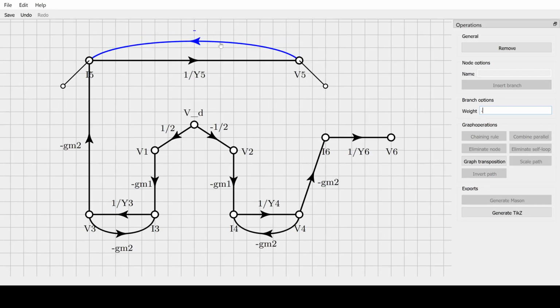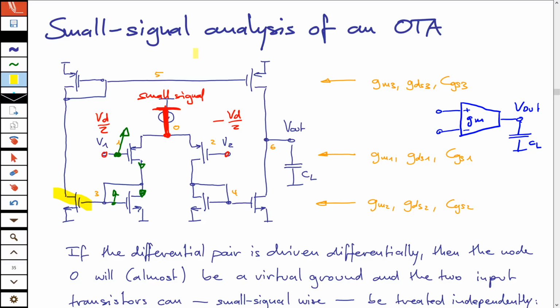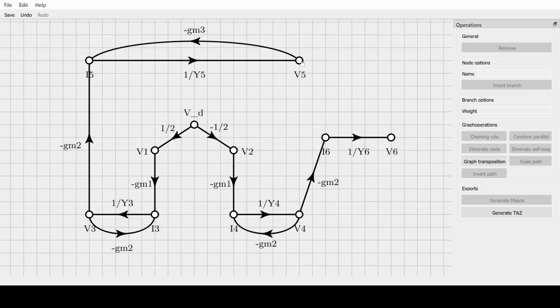This is minus GM3. And then the final transistor, which is this one, from V5 to I6. Minus GM3. If I did everything right, this should now be the correct thing.